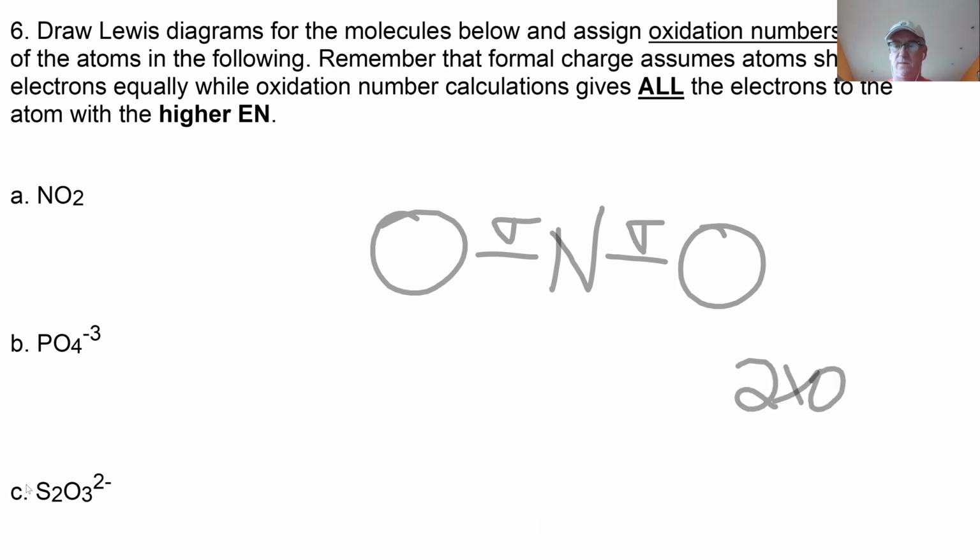Oxygen has how many? I was a little confused because it ends up being an odd number, but 12 for oxygen and 5 for nitrogen. Yeah, so 12 and 5. So 17.